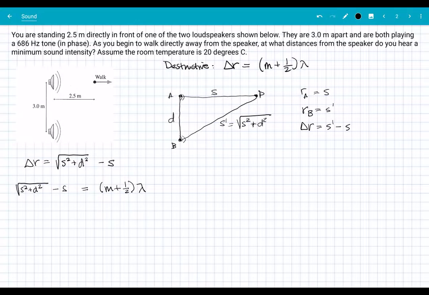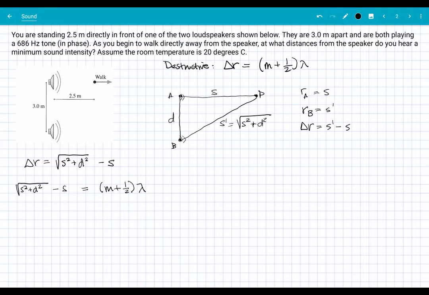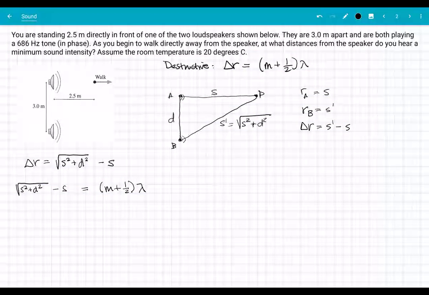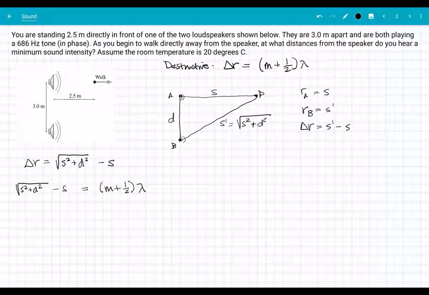Now at this point, you can go through the algebra to solve for a general expression for S, which is what I did. I tend to like those general expressions. They're the most powerful and useful, I think. Or you can start plugging in different values of m right here and do the algebra repeatedly. I'd rather do a slightly more complex algebra one time and then be done with it. So that's what I chose to do there.